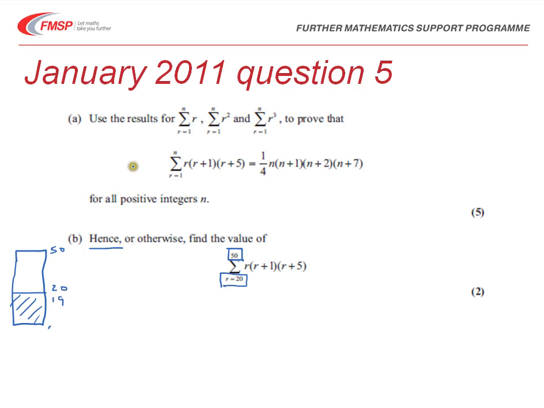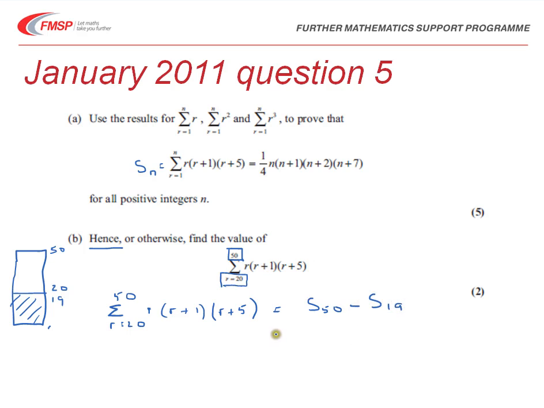So if I call the expression that we have at the top S_n, then the sum that we want, sigma r equals 20 to 50 of r plus 1, r plus 5, is equal to S_50, in other words substituting the value of 50, minus S_19.